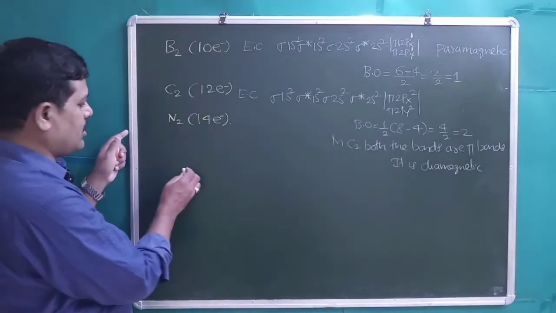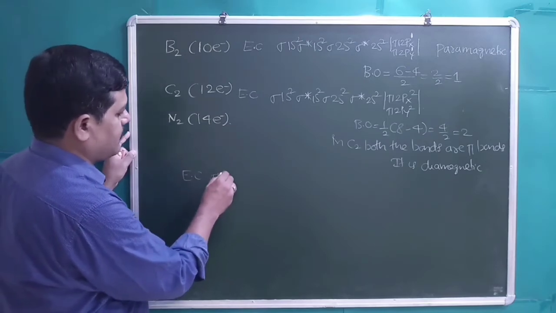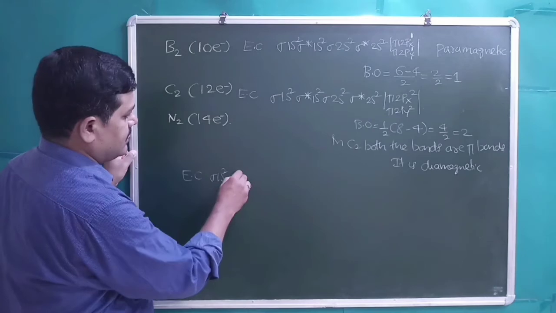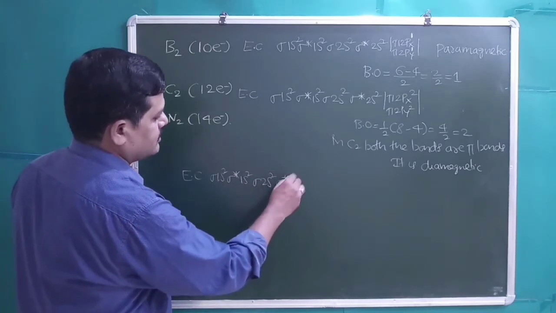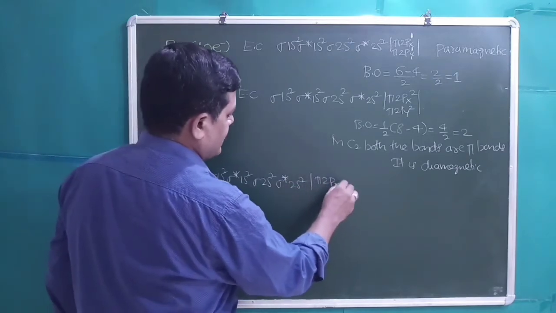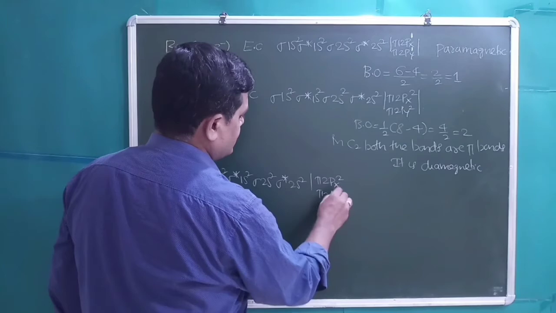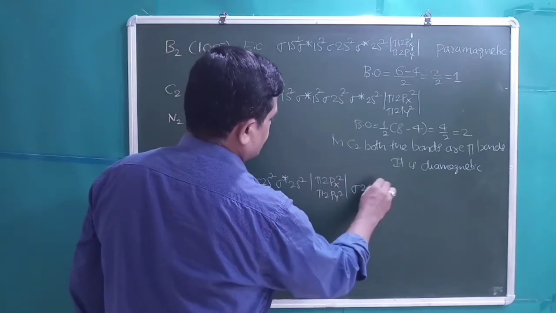For N2 molecule, electronic configuration we can write as sigma 1s2, sigma star 1s2, sigma 2s2, sigma star 2s2, pi 2px2, pi 2py2, sigma 2pz2.